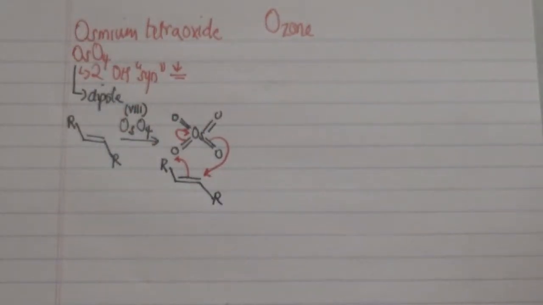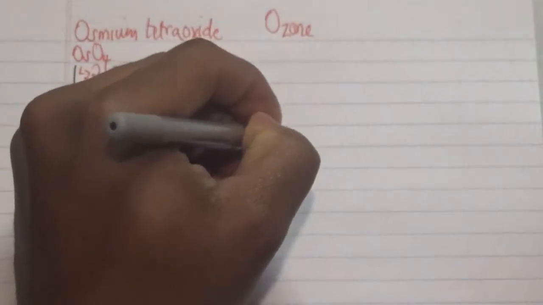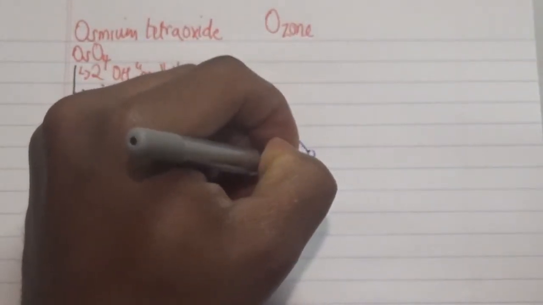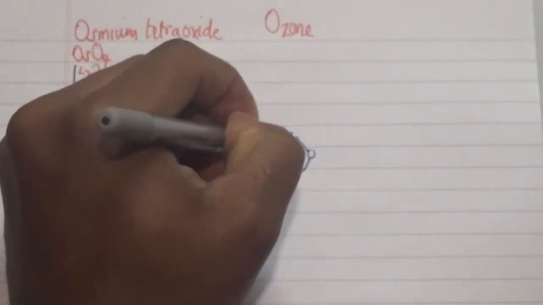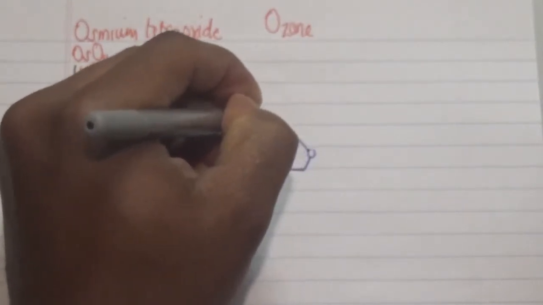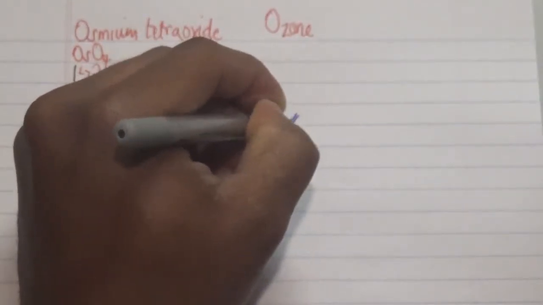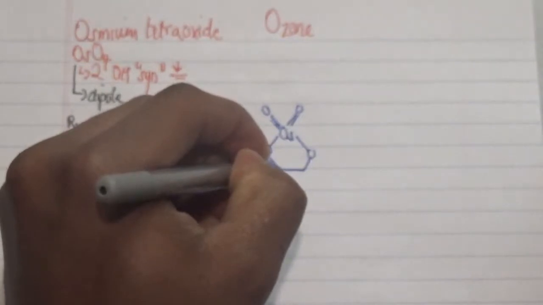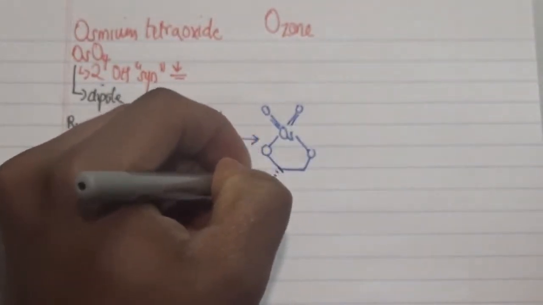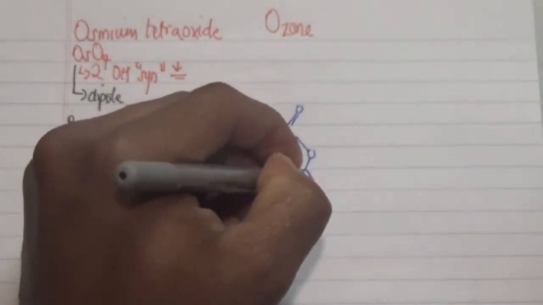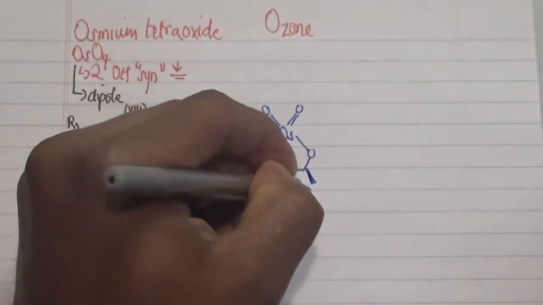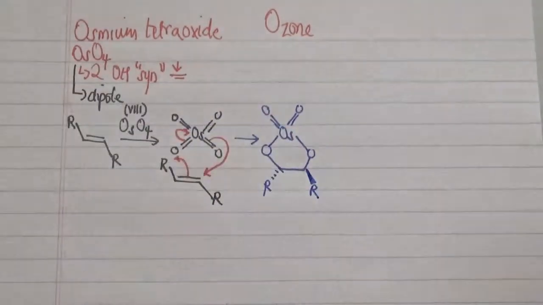So what we have as a result is the formation of this intermediate, where the stereochemistry is in the opposite direction with respect to the other R group over there.